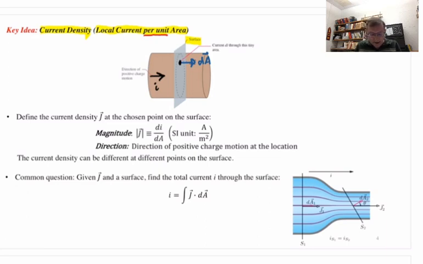All right, I'm now going to define the current density at that location, where that little patch is. Symbol, capital J, arrow.